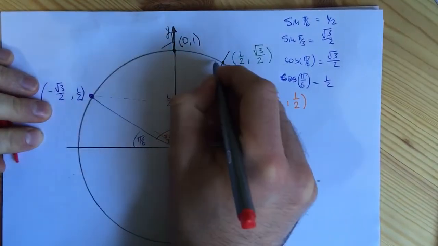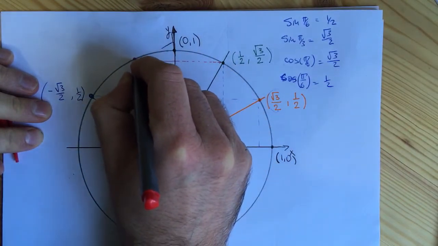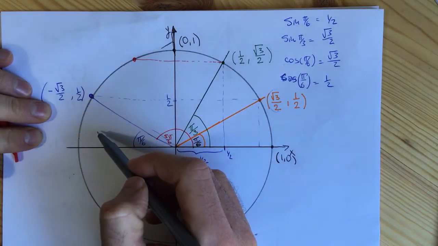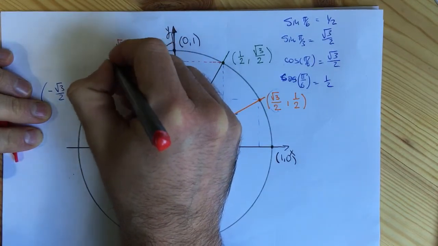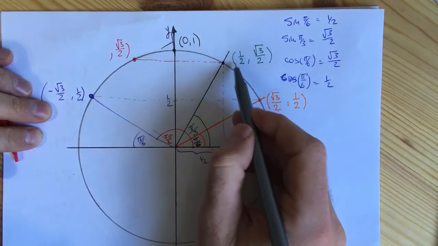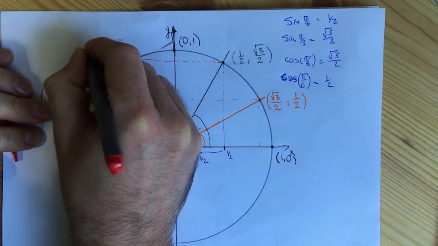Similarly, if by symmetry you reflect this point on this side, again in this quadrant the y values stay the same, so that's square root of 3 over 2, and the x values are just getting the minus sign in front of them, negative 1/2.